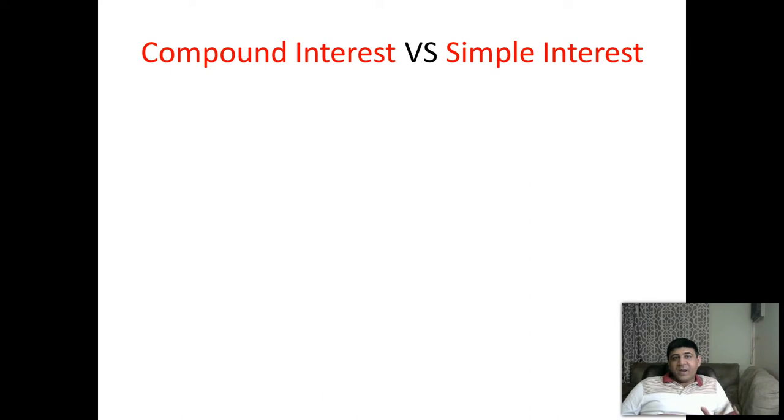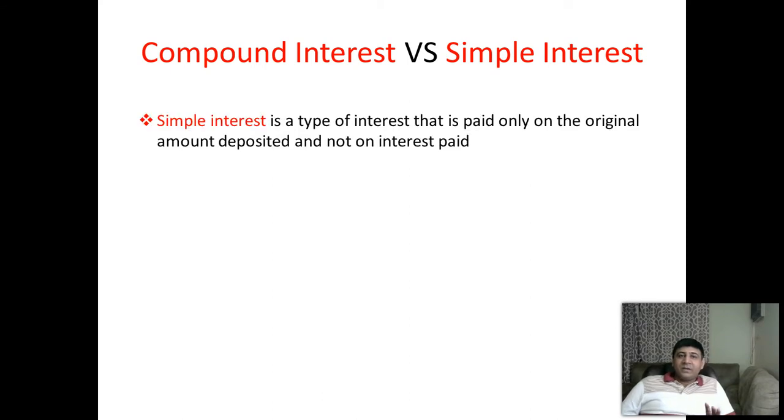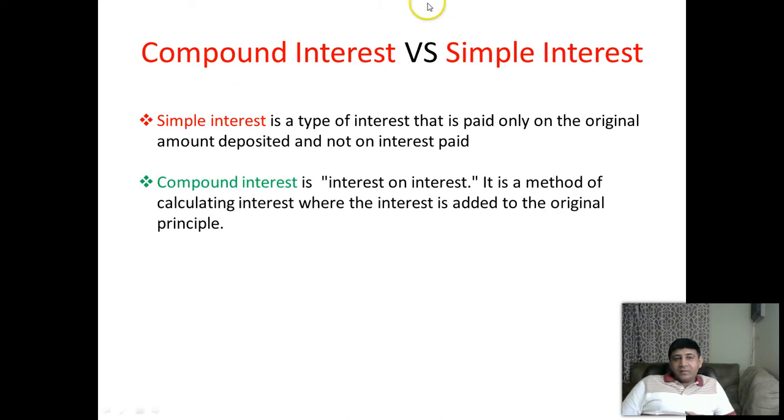The main difference between compound interest and simple interest is that simple interest is a type of interest that is paid only on the original amount deposited. The interest we earned is not added to the next cycle of calculations. On the other hand, compound interest is sort of an interest on the interest as well.